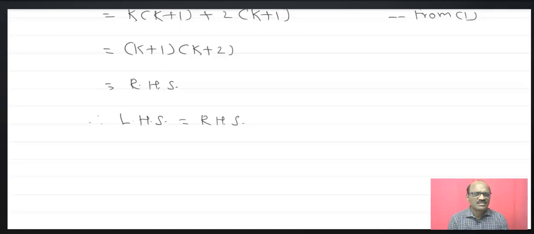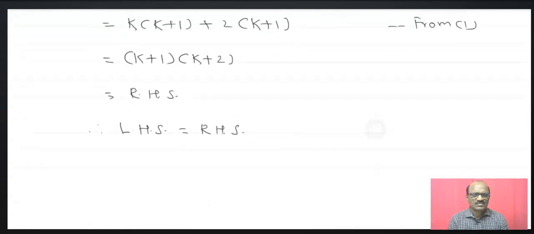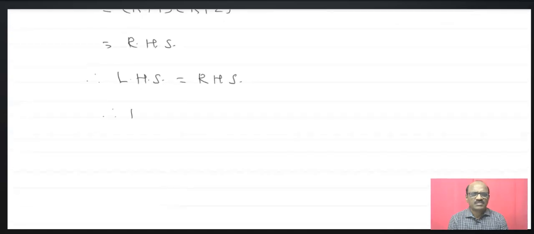Therefore this is RHS and hence LHS is equal to RHS. Therefore the last step is now step number 4. Therefore the given result is true for p of k plus 1.